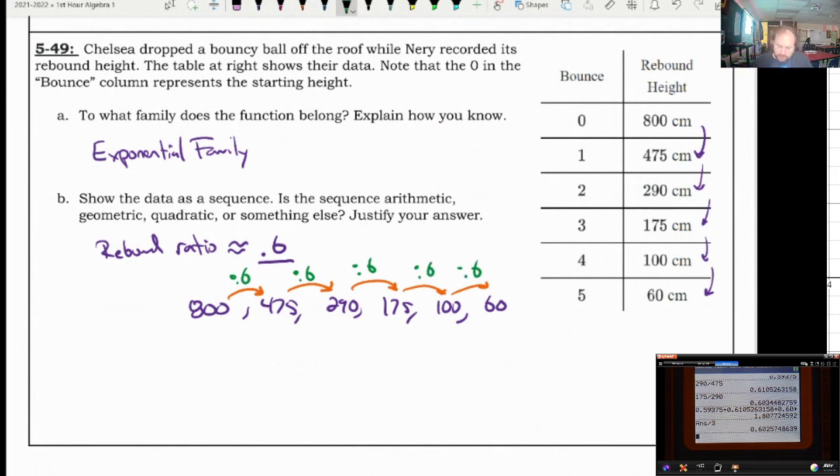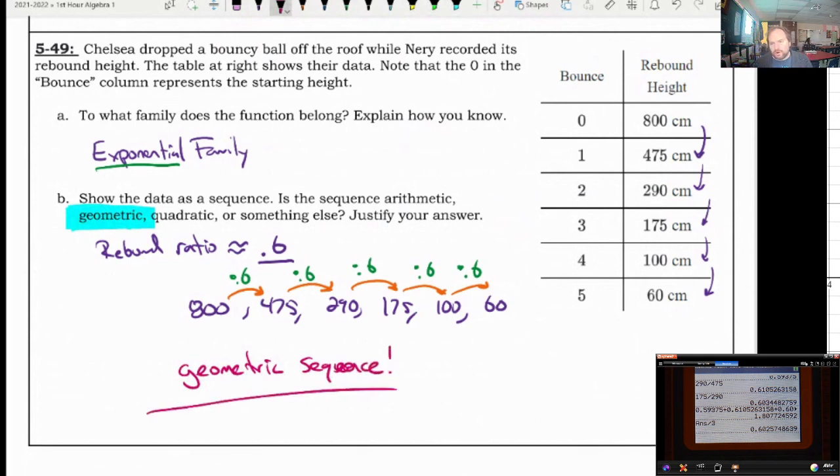So we're multiplying by the same number each time, which is what's causing this exponential relationship to happen. We haven't talked about this term yet in class if you're watching this video right now, but this is a geometric sequence for that reason. Geometric sequences grow by multiplying the same thing each time. And that's what's going on here.